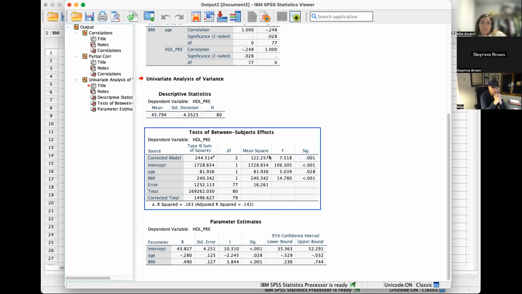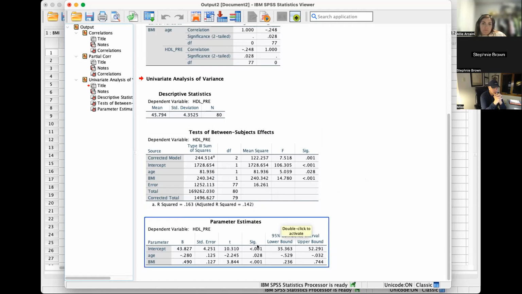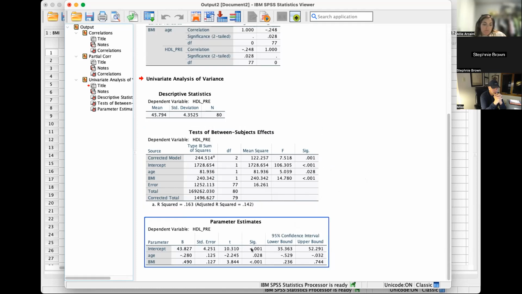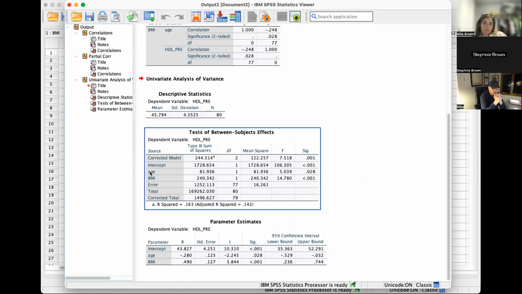But you don't always report that. It's just helpful to look at it. We ignore the intercept line because we're not testing a hypothesis, just the same way we ignore it here. We don't test hypotheses about the intercept. It's almost always going to be significant because usually you don't have a variable that has a mean of 0.